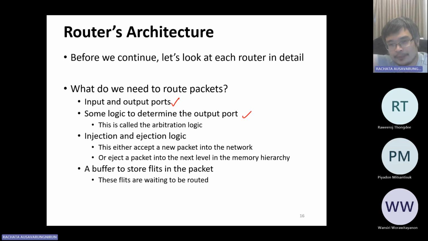Do I send it toward this output, do I send them north, do I send them east, do I send them west, or do I send them in the south direction, right? Then you need some logic to say, if I'm at the destination, do I eject to the destination? If I have new things coming in, how do I inject into the network? Then you need buffering to store the flit in the packet, right?